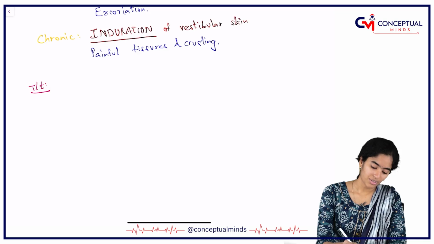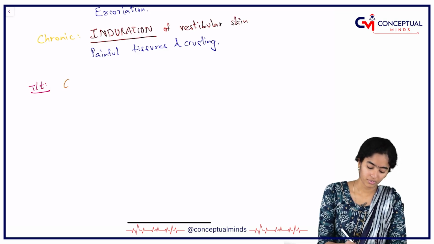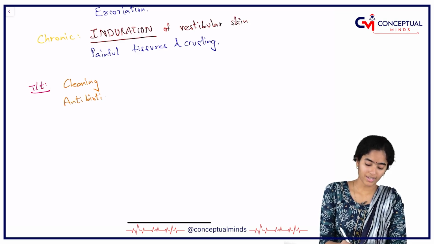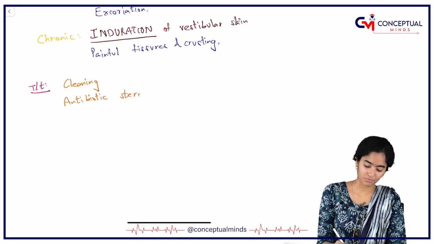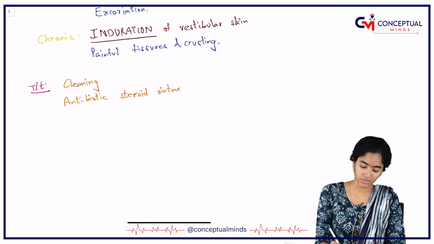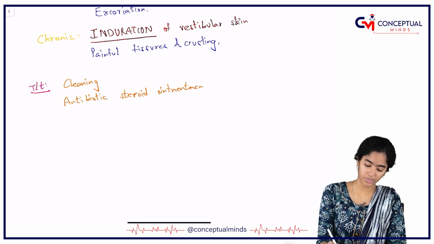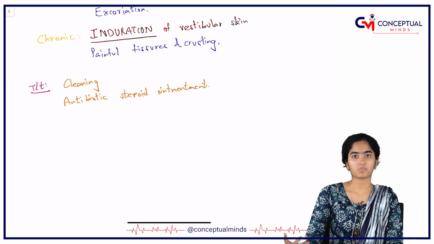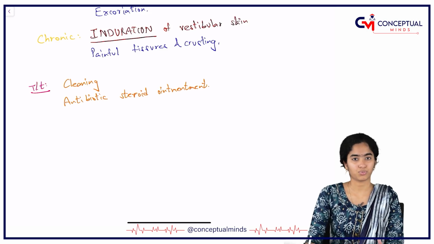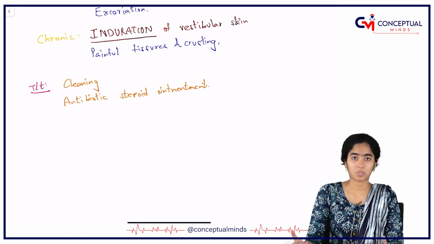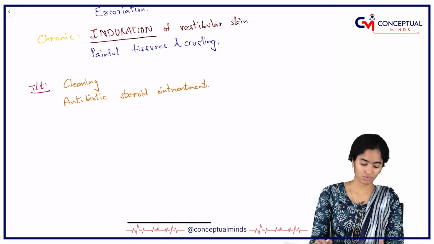And then after cleaning, antibiotic as well as steroid ointments have to be used. Steroid ointment will prevent further worsening and inflammation, and antibiotic, of course, because it's an infective condition. Some Staph aureus specific antibiotics have to be used.